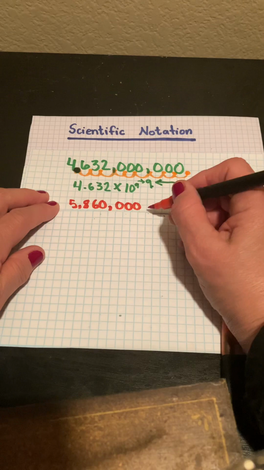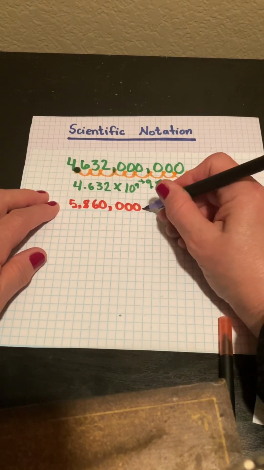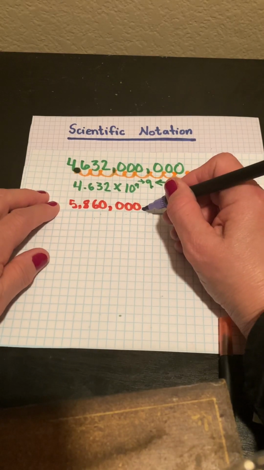So now we do the same thing. We find the decimal right here and begin counting to the left.